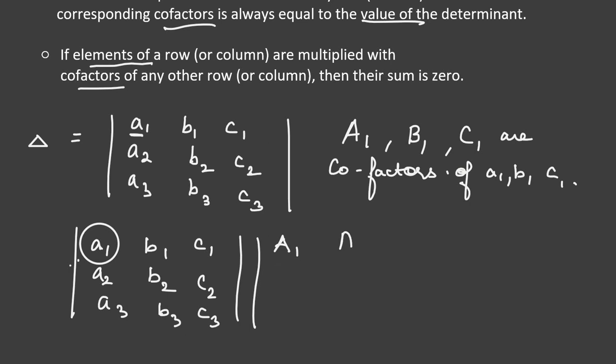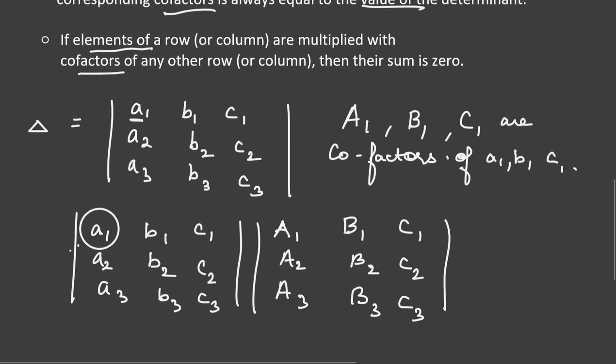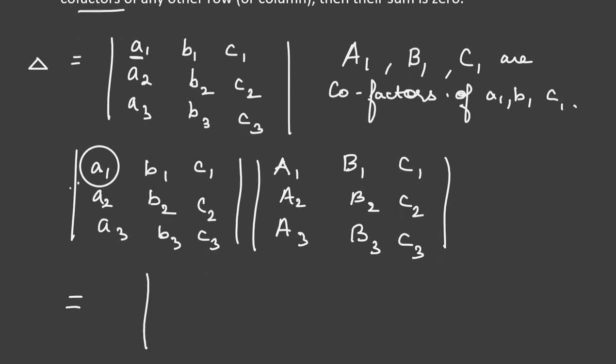So when we make the row by row multiplication, first row with the first row, the elements will be a1 A1 plus b1 B1 plus c1 C1, which we get is equal to delta.